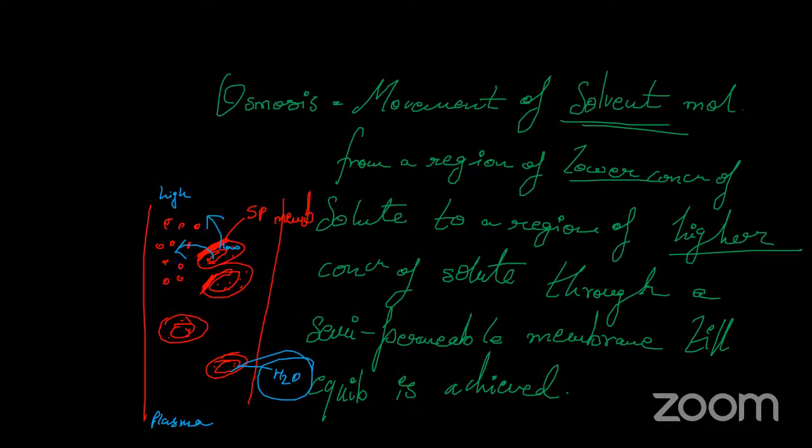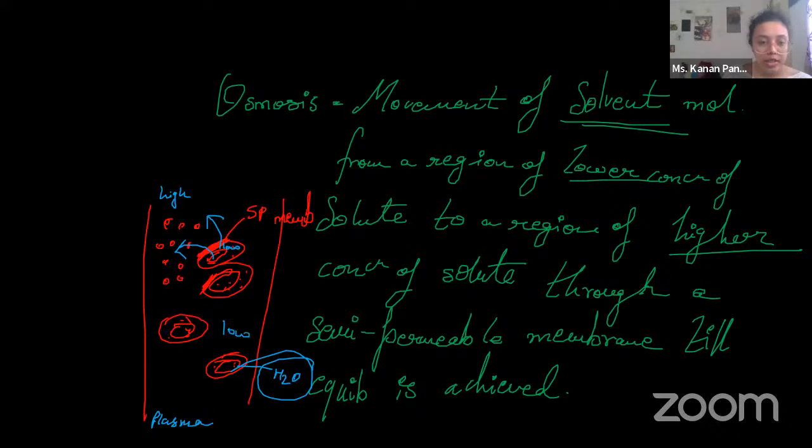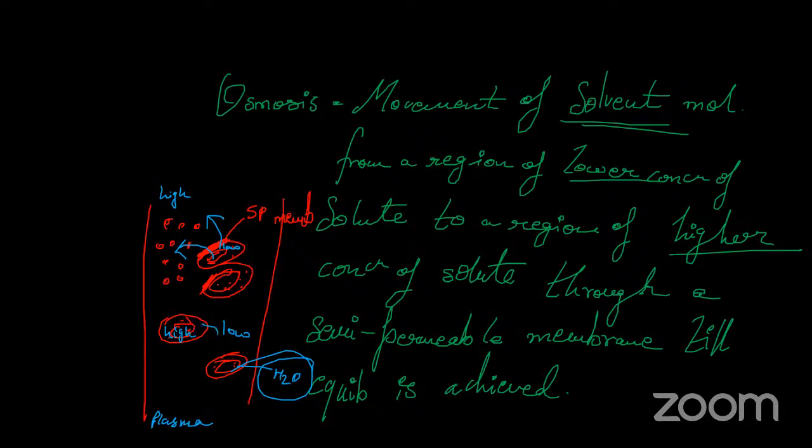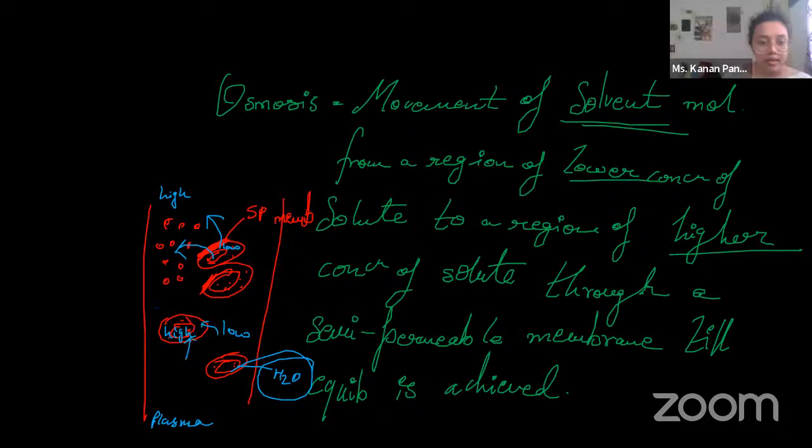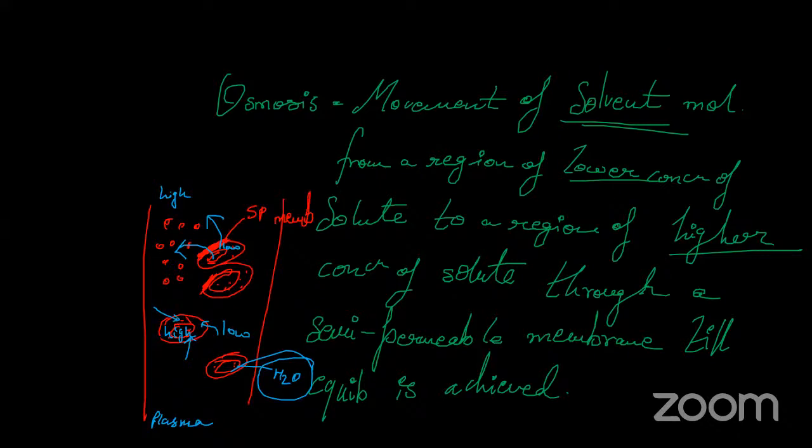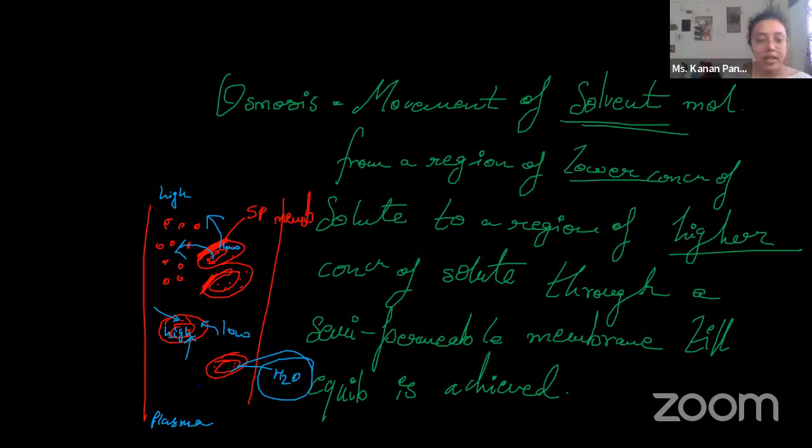Yes, correct. And suppose बाहर लो कॉन्सेंट्रेशन है and अंदर हाई कॉन्सेंट्रेशन है, तो बाहर से अंदर. Correct. Now if this happens, if RBC के अंदर पानी बढ़ता जाएगा, it will swell up and eventually it will burst.